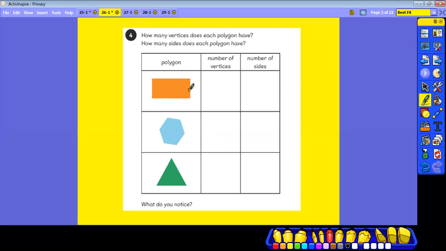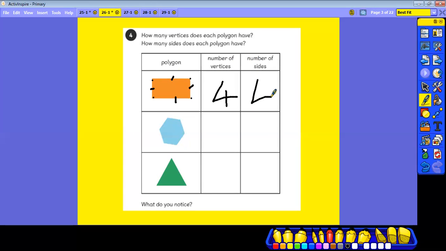So the polygon here, you're asked how many vertices, the number of vertices. You've got to complete this table, you see. So how many vertices have we got on this rectangle polygon? Rectangular. 1, 2, 3, 4. So we'd write 4 in that box. And how many sides? 1, 2, 3, 4.